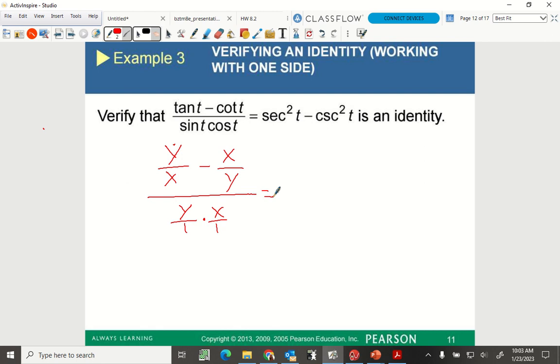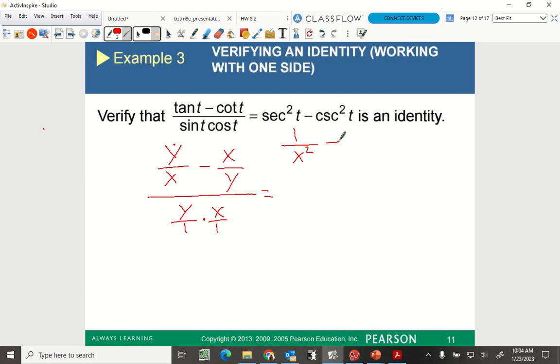Now up here, this mess, what is secant? Secant is 1 over x. So secant squared is 1 over X squared. Minus. So you wouldn't square the whole thing, you'd square just the X. What is 1 times 1? 1.